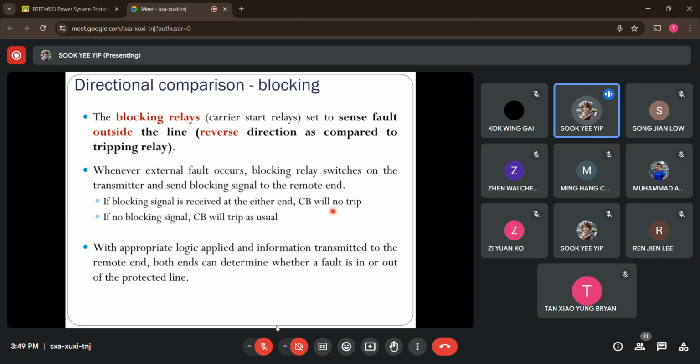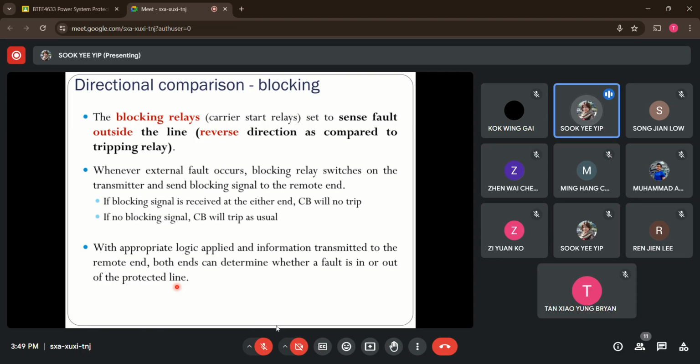But in the event that the tripping relay senses a fault within its sensing direction and no blocking signal is received at either side of the line, then this tripping relay will take action. The breakers will trip as usual, as we really have a faulty line. That's how it works. With appropriate logic applied, as well as the information transmitted to the other side, both ends can determine whether this is an internal fault or an external fault occurring outside the line that you want to protect.